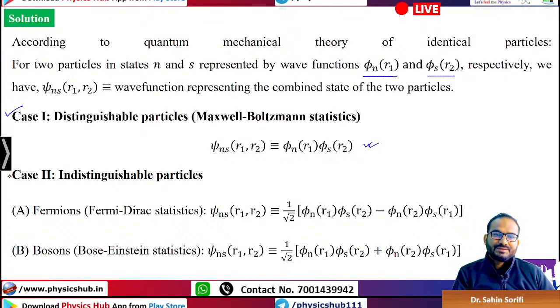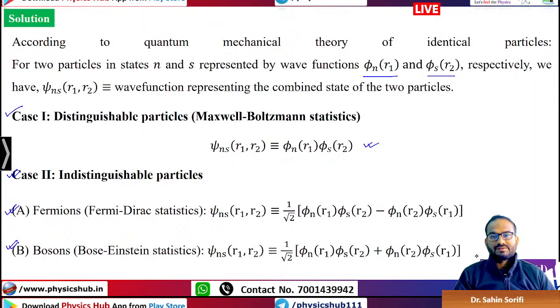For indistinguishable particles, if you are given two fermions, then you have to apply Fermi-Dirac statistics, and the combined wave function will be an antisymmetric wave function: 1 by root 2 times phi n r1 phi s r2 minus phi n r2 phi s r1. If it is bosons, you will get a symmetric one: plus 1 by root 2 times phi n r1 phi s r2 plus phi n r2 phi s r1.